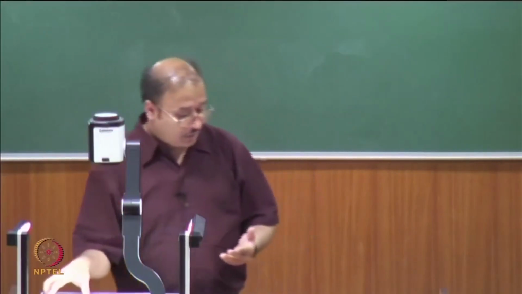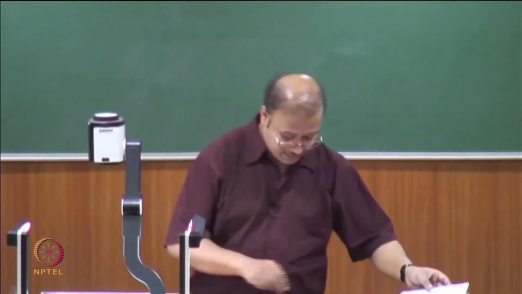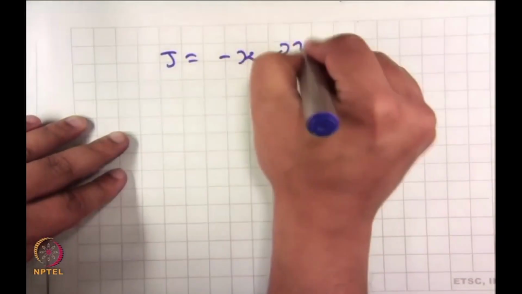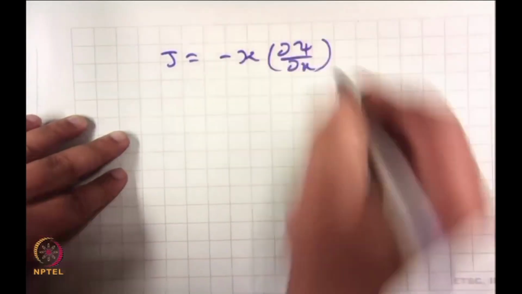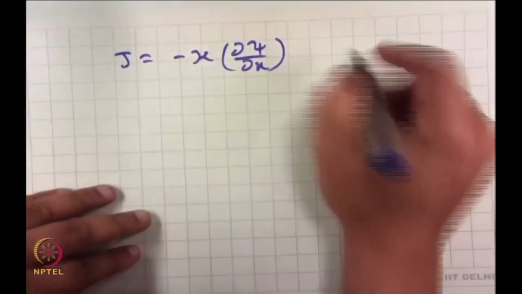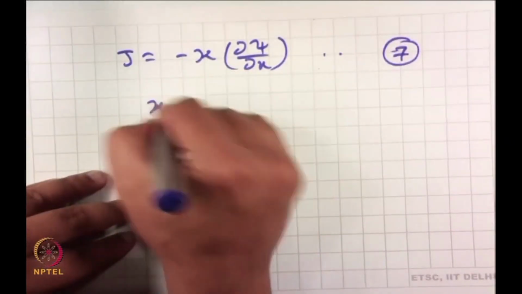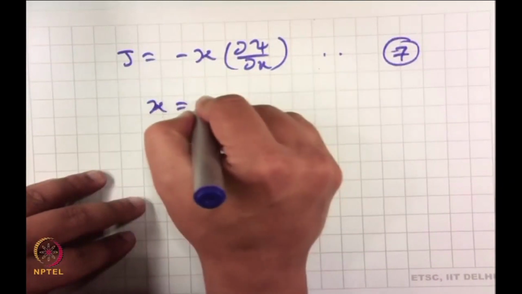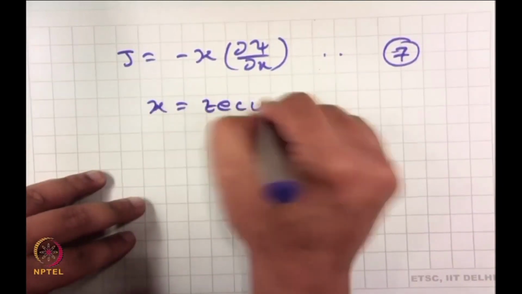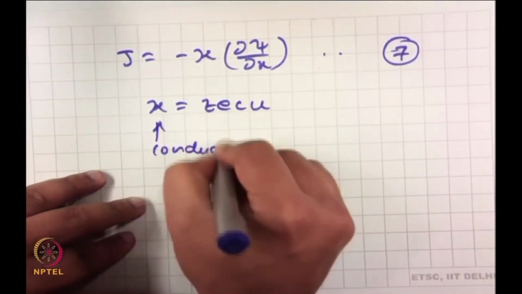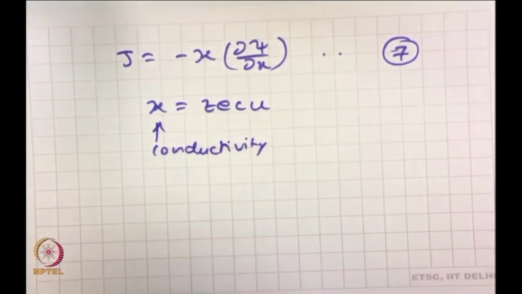So, this can be rewritten as J is equal to minus kappa del psi over del of x. This would be equation 7, where this kappa is equal to Z E C u, and it is related to the conductivity of your ion.